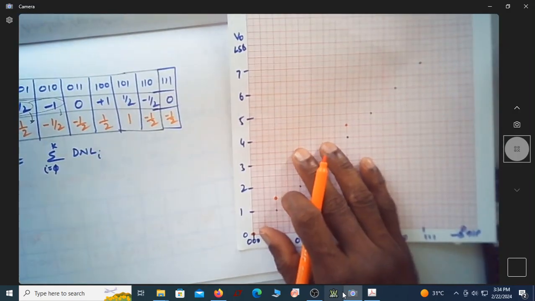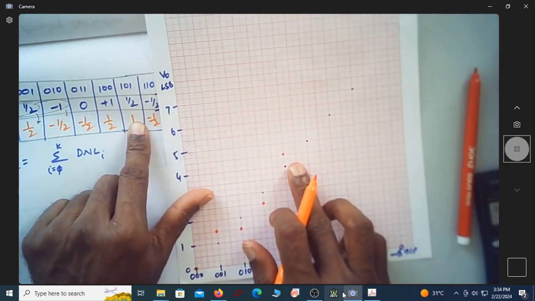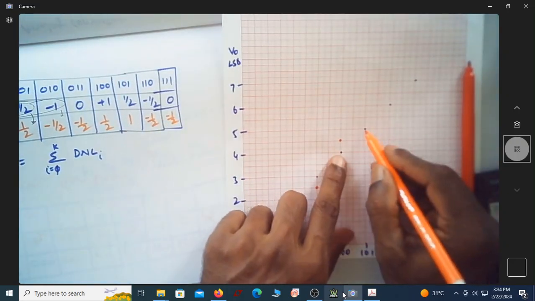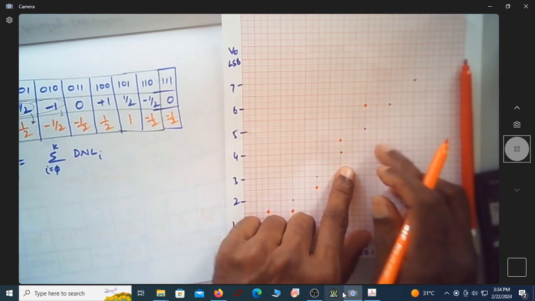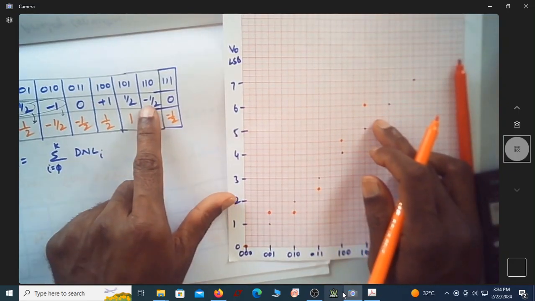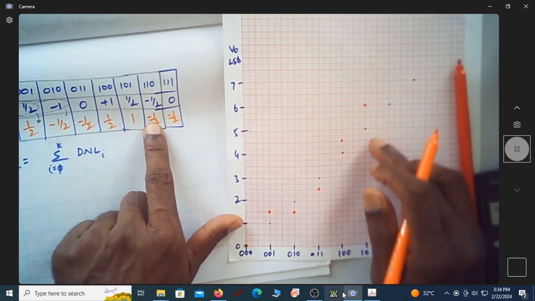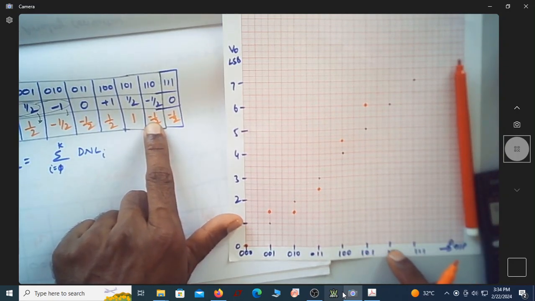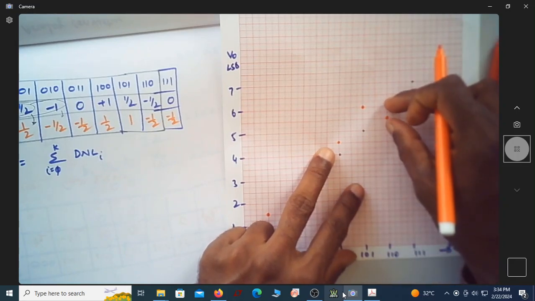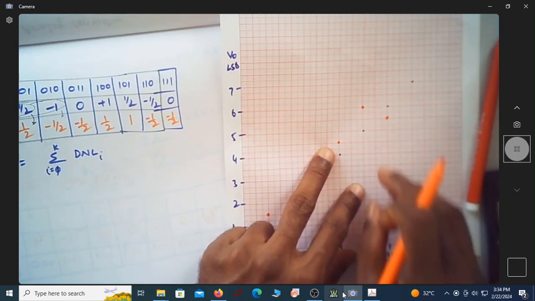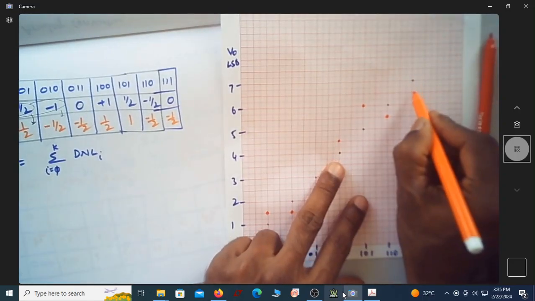Next it is 1 LSB more, because these are all INLs. So from the ideal value, how much it is more. This is my 1 LSB more from here to here, and then for 110, it is minus half LSB. This entire 1 centimeter is 1 LSB, this is half LSB, and it's again minus half LSB.